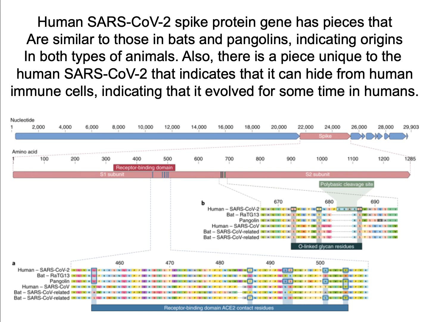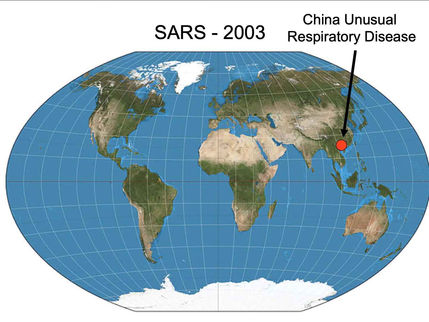It was transmitted to humans, then evolved in a human population for some time before it became a pandemic strain that we see today.